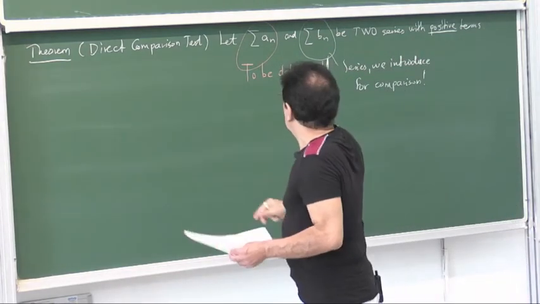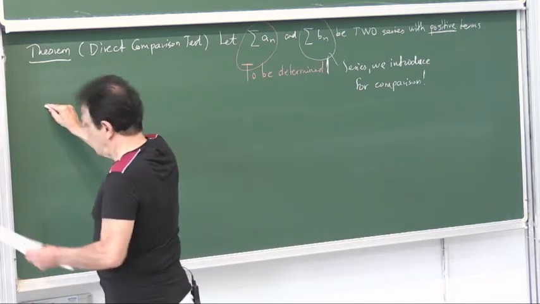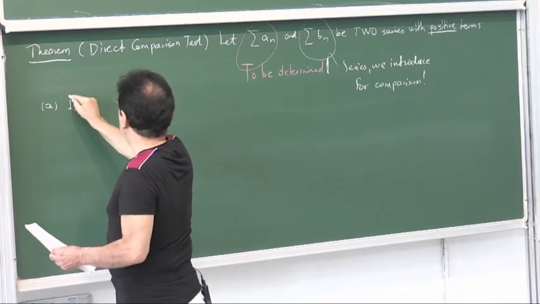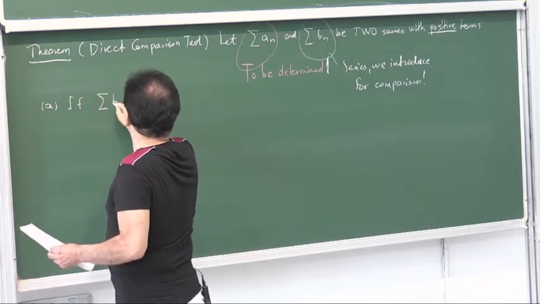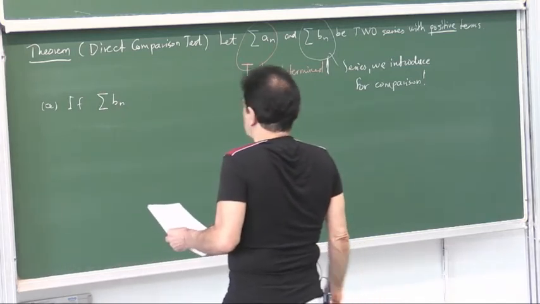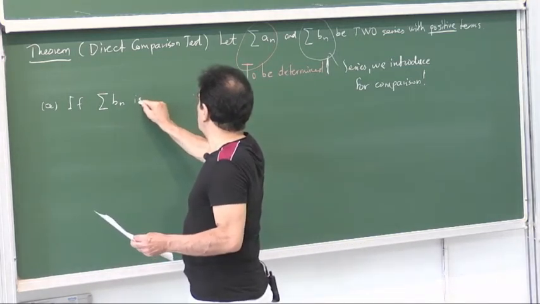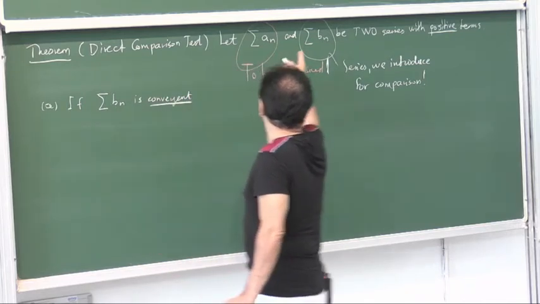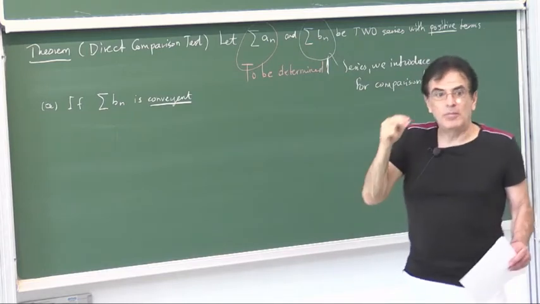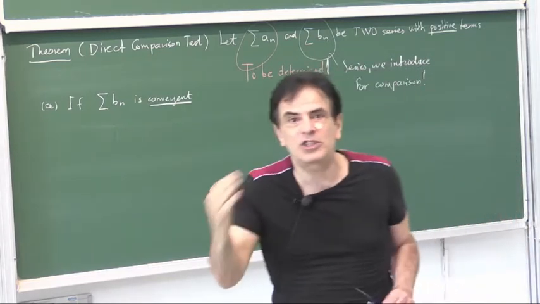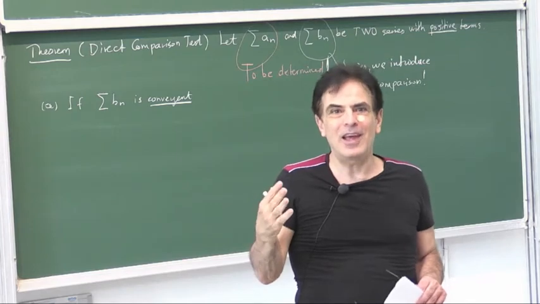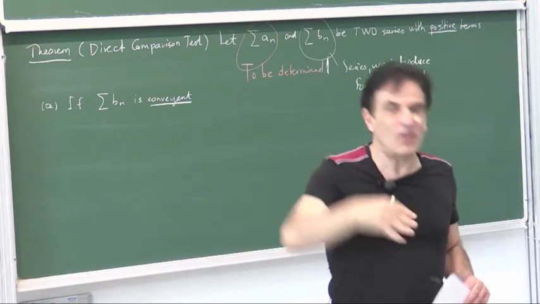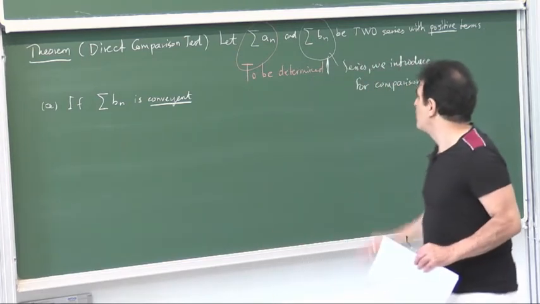Now, the following is true. First case, if the series sigma BN is convergent, please be careful: the series we introduce must be a series whose convergence characteristics are known. That is, we know whether it is convergent or divergent.